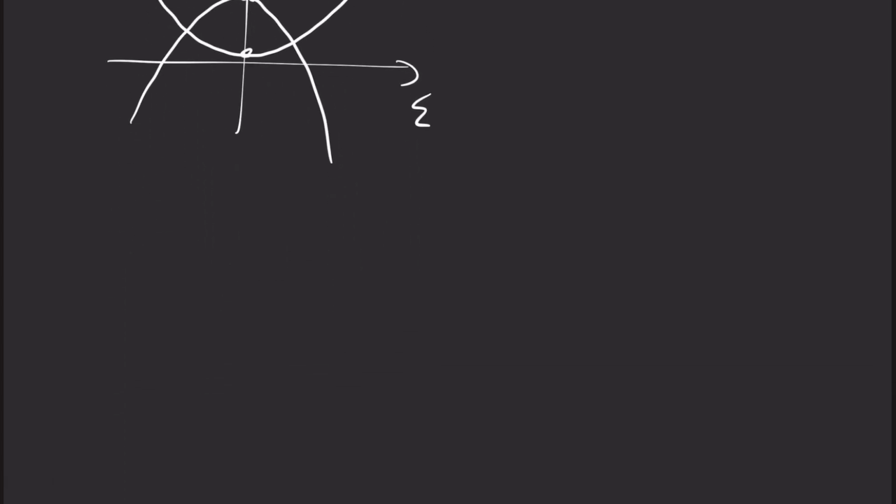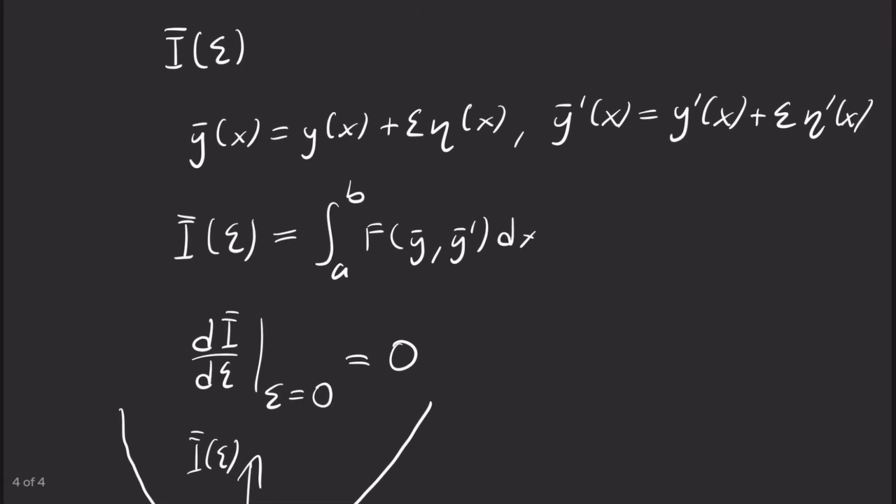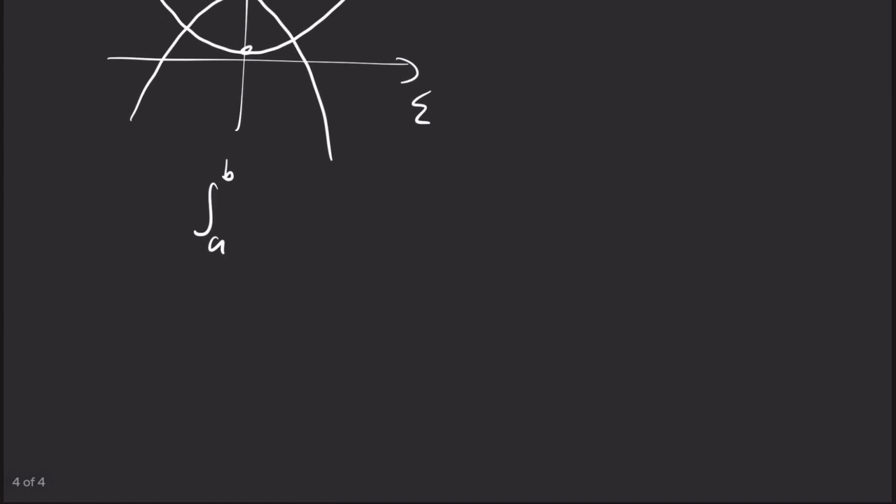So if I actually do this, I'll be able to bring the derivative inside of the integral, because again, epsilon is independent of x. So the way I'll do it is by taking the derivative of f with respect to y bar, and then the derivative of y bar with respect to epsilon.